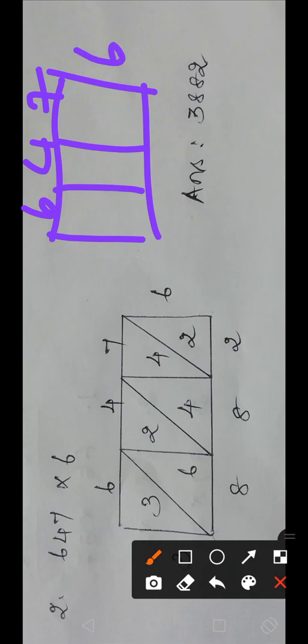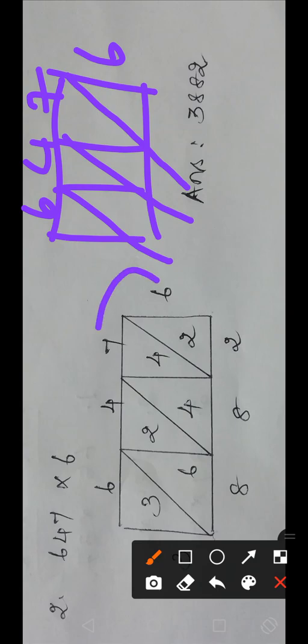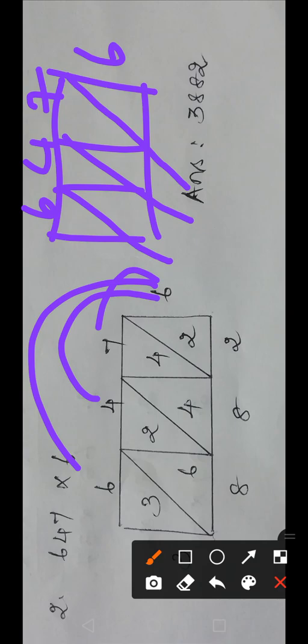Next we want to draw the diagonal lines. Correct, students? Very good. Now 7 6s are 42, 4 6s are 24, 6 6s are 36, and we write them in the correct positions. Then produce the slanting lines, diagonal lines.